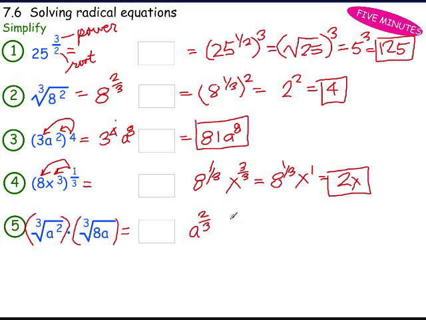This, the whole thing, and let's put it into parentheses, 8a. What's the power on this? This is a power of 1, and this is a power of 1, and it's not written. And it's a root of 3, so this is to the 1/3.